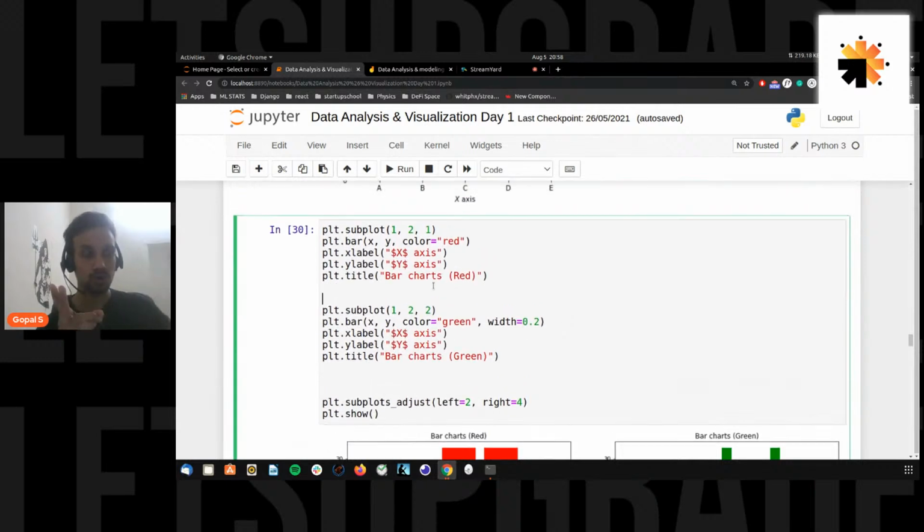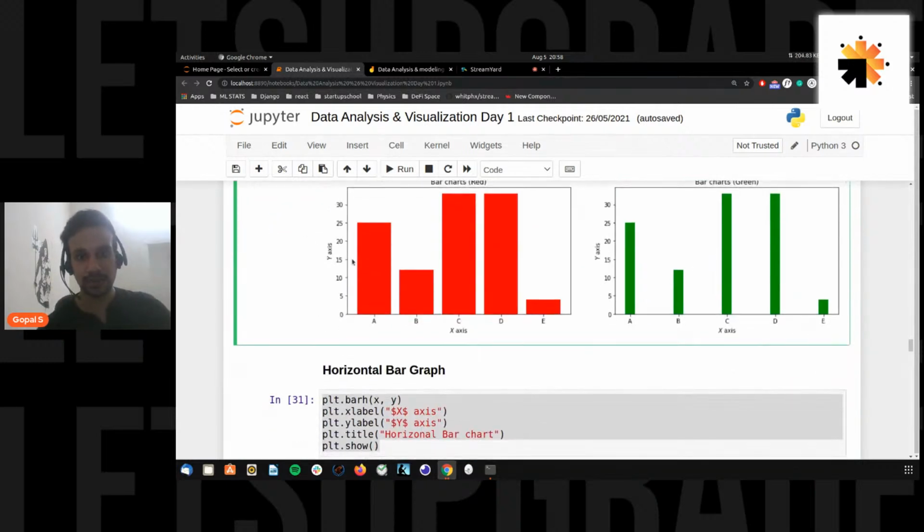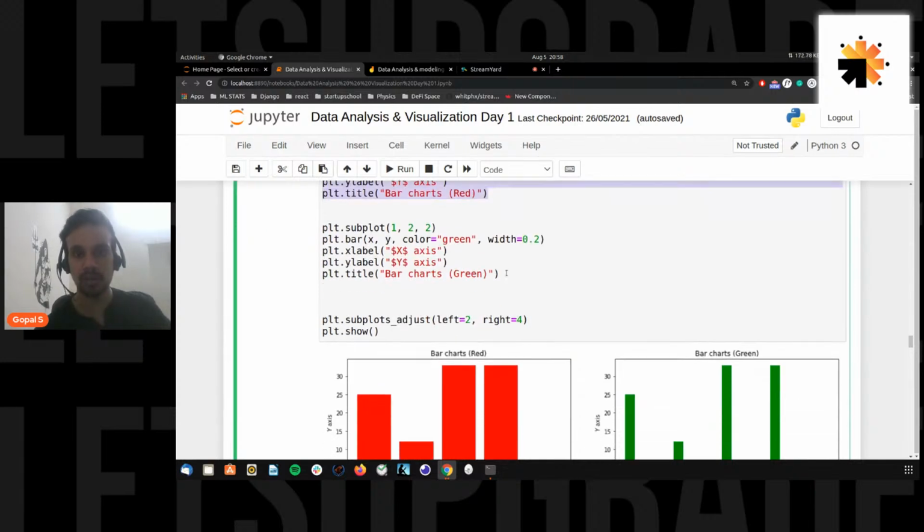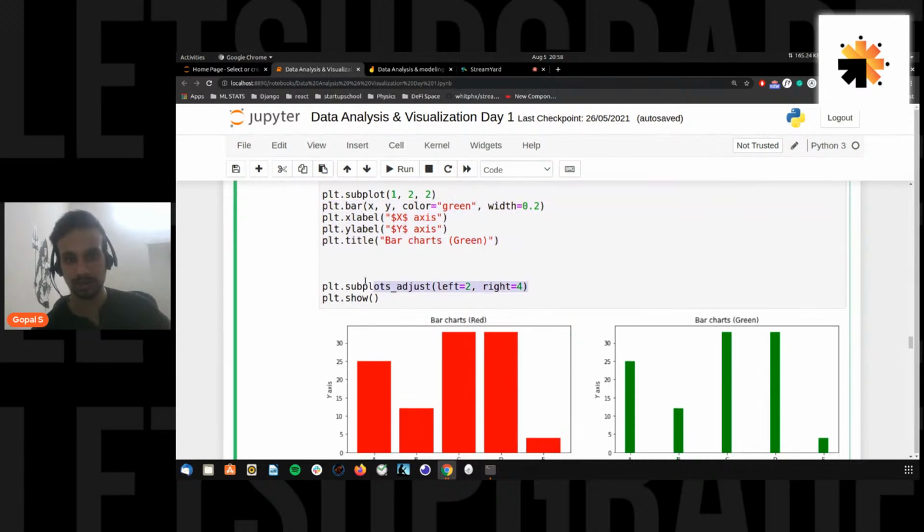You could have two rows and two columns as well, and in that way it will render four plots, one, two, and again one, two, just below them. For that, after 1 by 2, for plot number 1 it should have these attributes, and for plot number 2 it should have these attributes, and then I am adjusting those plots. That's what I am doing. Okay.